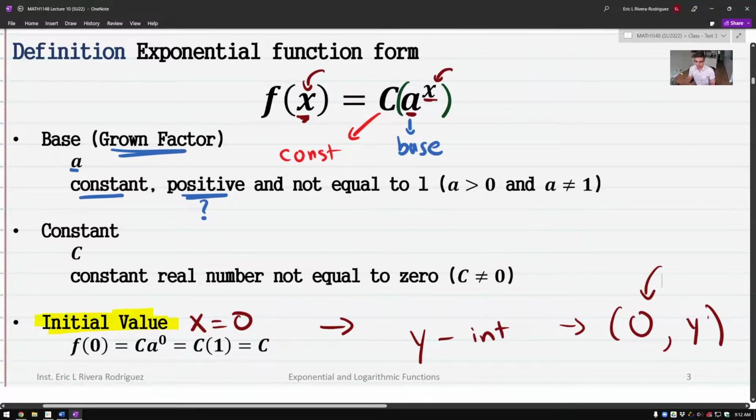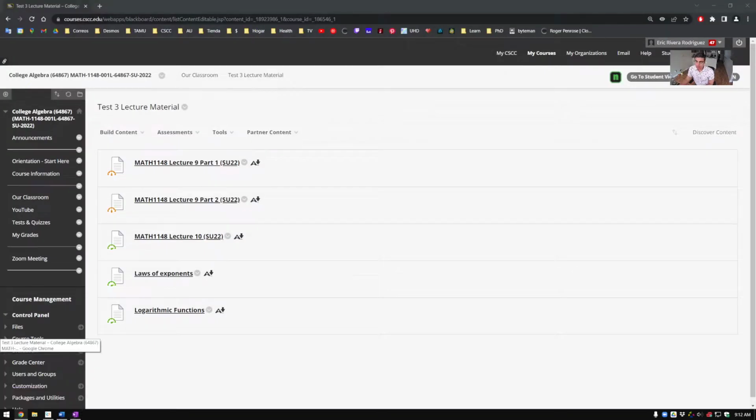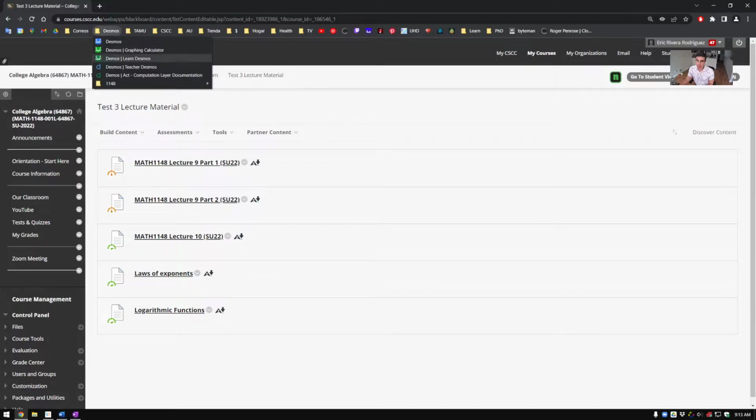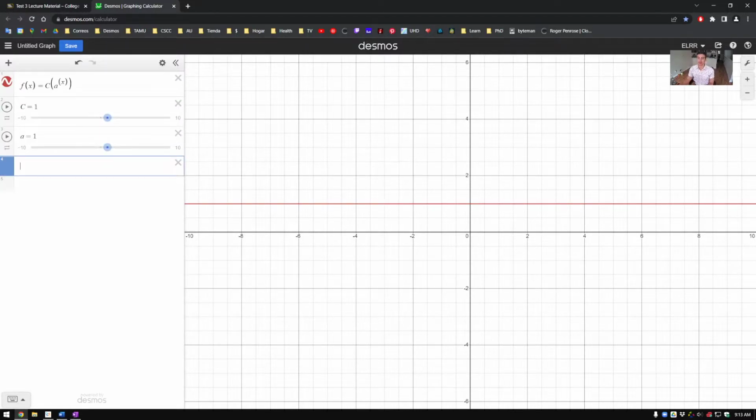Okay, I would like to stop here for a moment and go to Desmos, because let's explore why the base needs to be positive and not negative. All right.